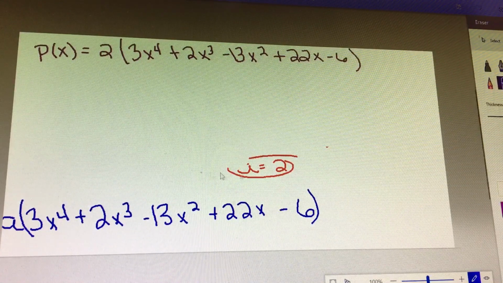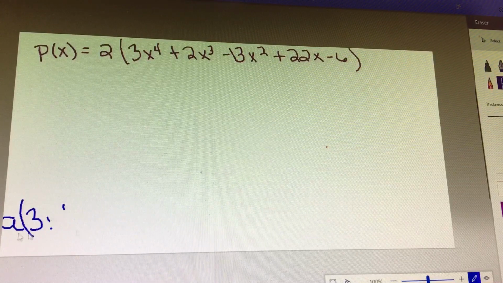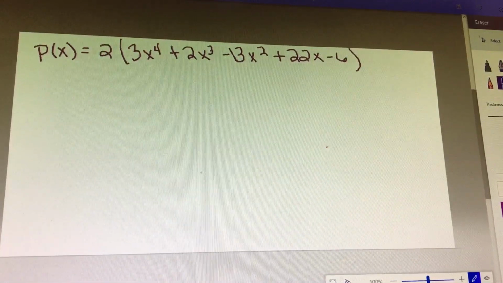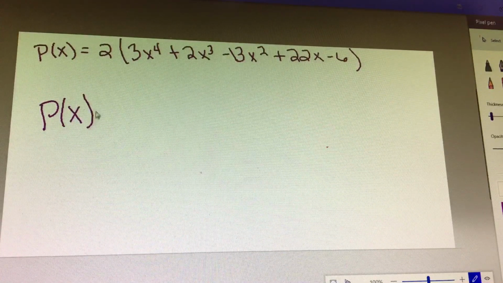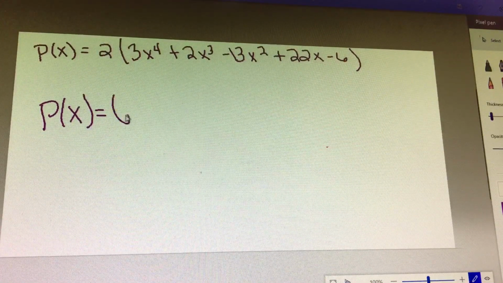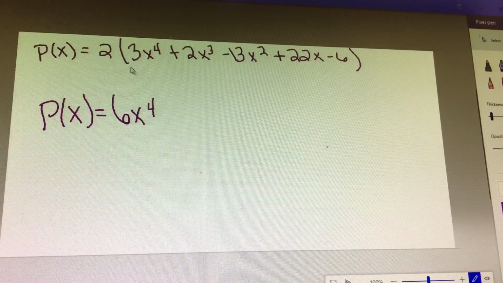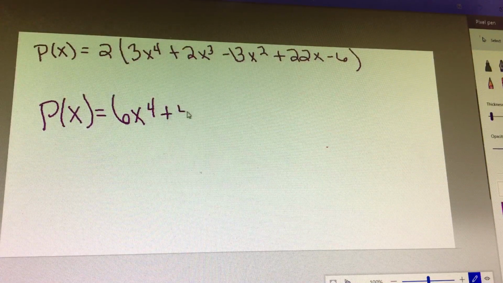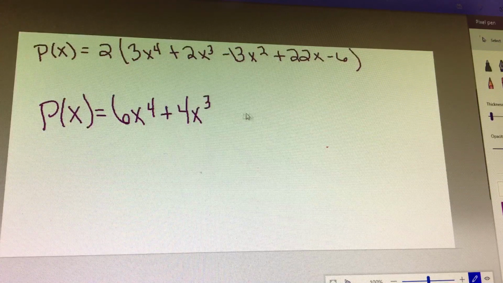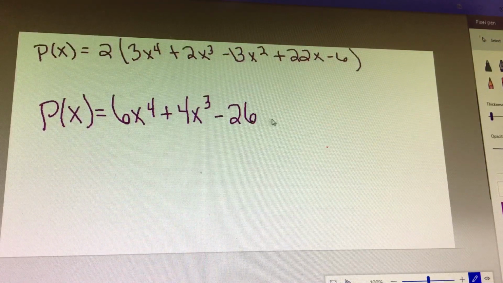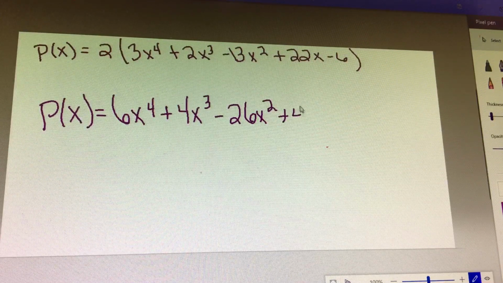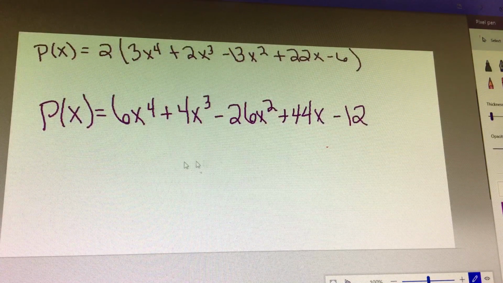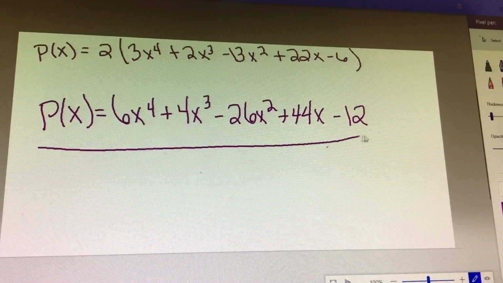Then we're going to distribute that 2. So we get p of x equals 6x to the 4th plus 4x cubed minus 26x squared plus 44x minus 12. That is my final function.